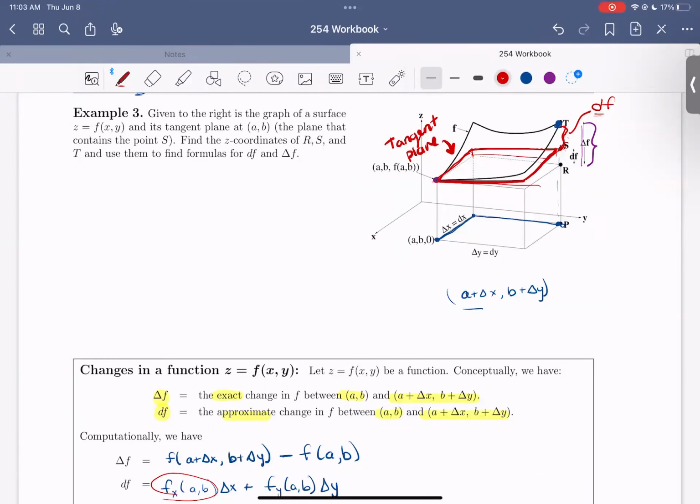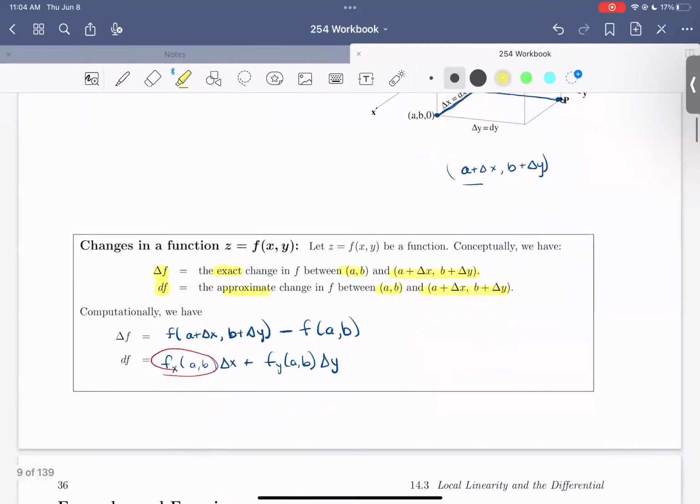Actually, I hope you caught me here, because in fact our picture is drawn correctly. What we're really looking at is the change of the output from this starting value, which was over here at R. We're moving flat, no change in z, would be R. Then we're moving up to S. This is where we see the differential df, which is going to give us a fairly good approximation for the change of f.